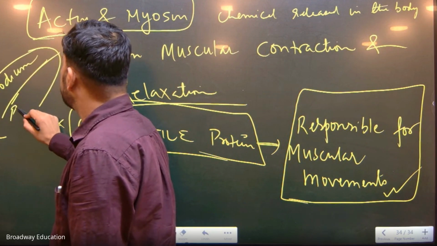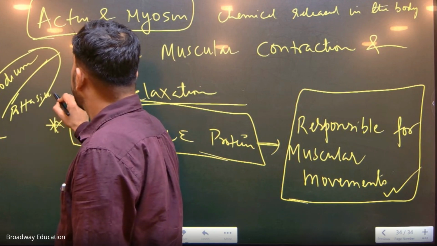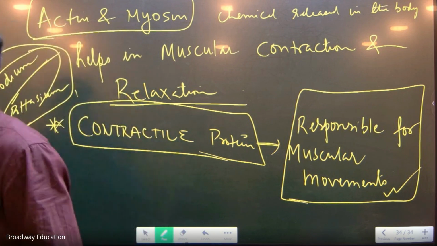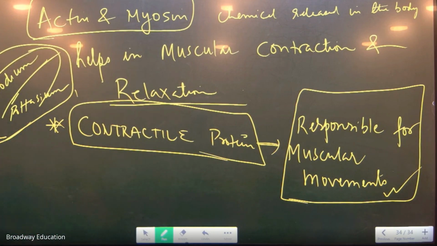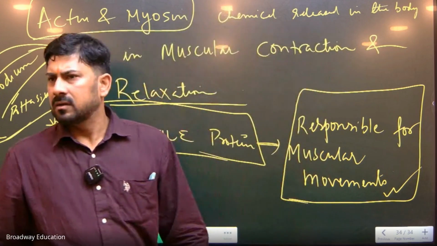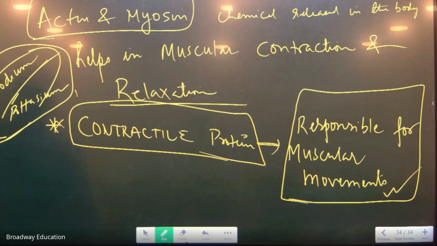Sodium and potassium play an important role in muscular contractions and relaxations. Very important. Sodium and potassium are the two elements which play a crucial role in muscular contractions and relaxations.